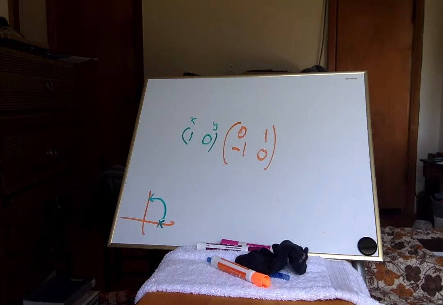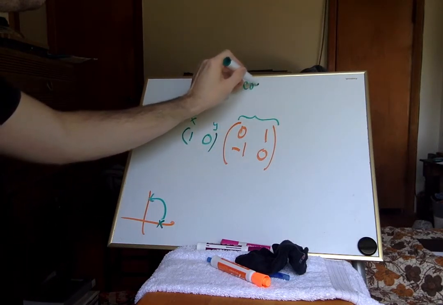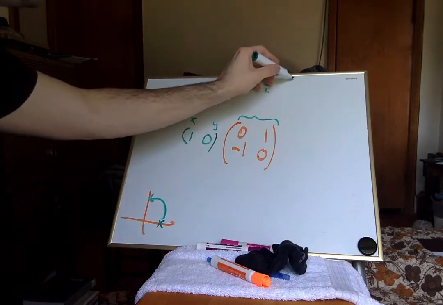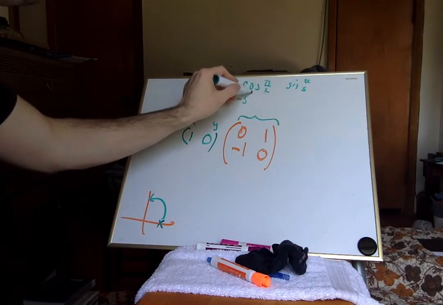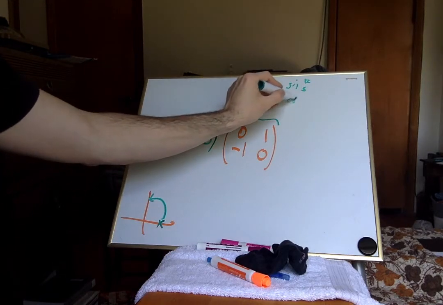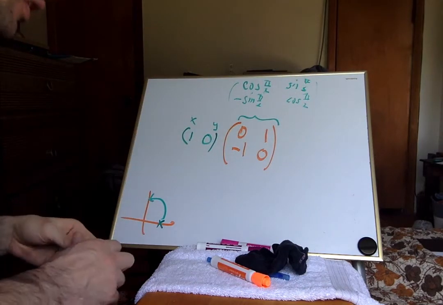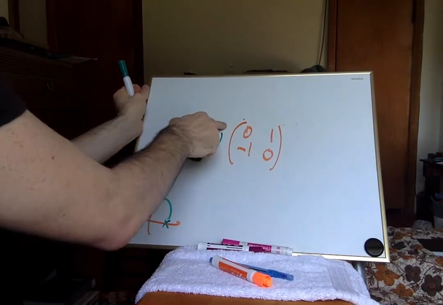Rotating it by 90 degrees means that I multiply it by r theta, where theta equals pi over 2. So this matrix here is what I just erased, which is, okay, so I'm rotating it by pi over 2. So cosine pi over 2, sine pi over 2, negative sine of pi over 2, and cosine pi over 2. Okay, so that's what I'm doing. And I've already simplified it when I write it right here.